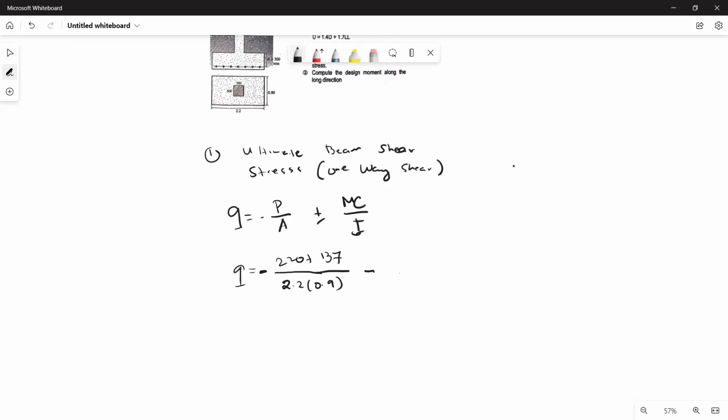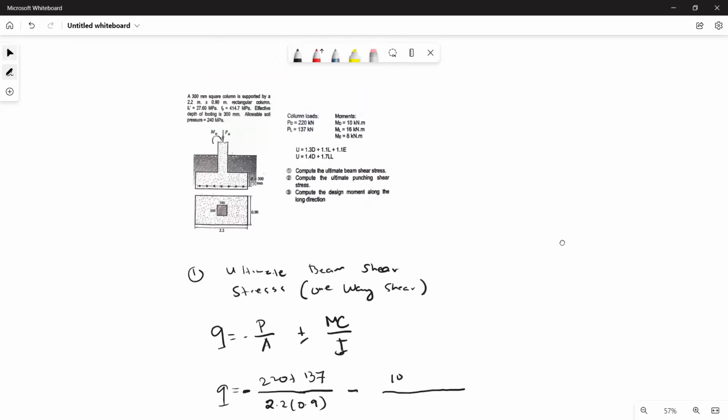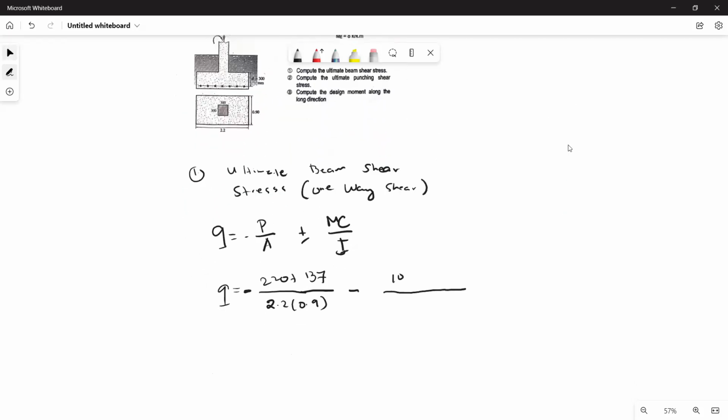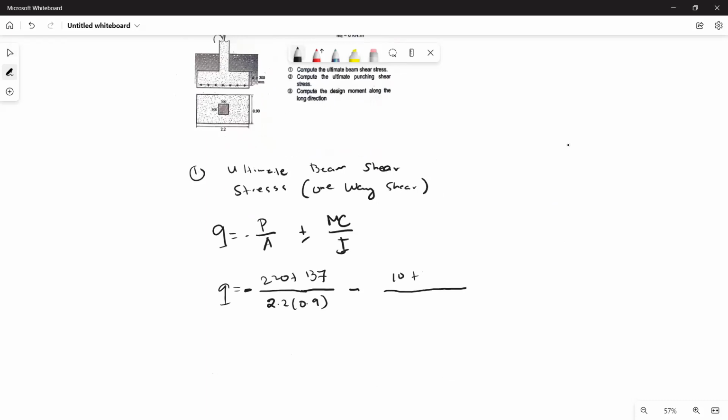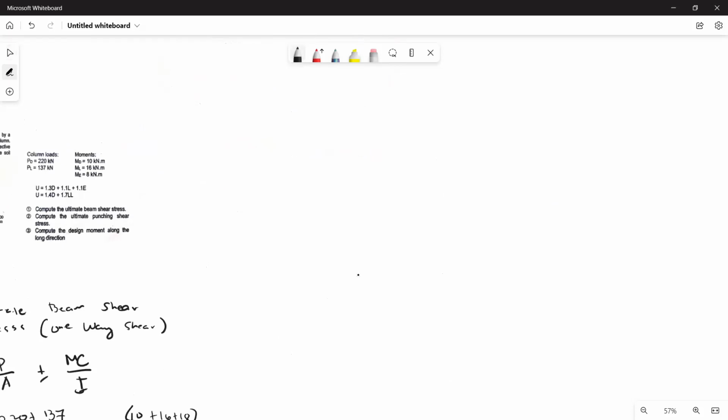Then what are your moments? Your moments are 10, 16, and 8. Ipapag-add lang natin sila: 10 plus 16 plus 8. Then, what is your centroidal distance? Let's say this is your 2.2 meters and this is your 0.9 meters. This is your column.